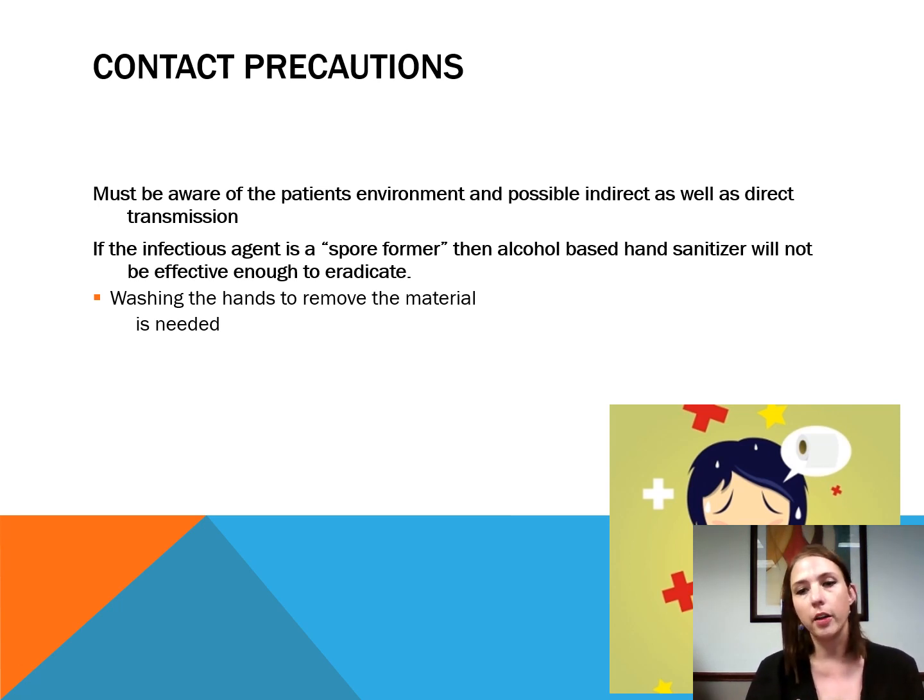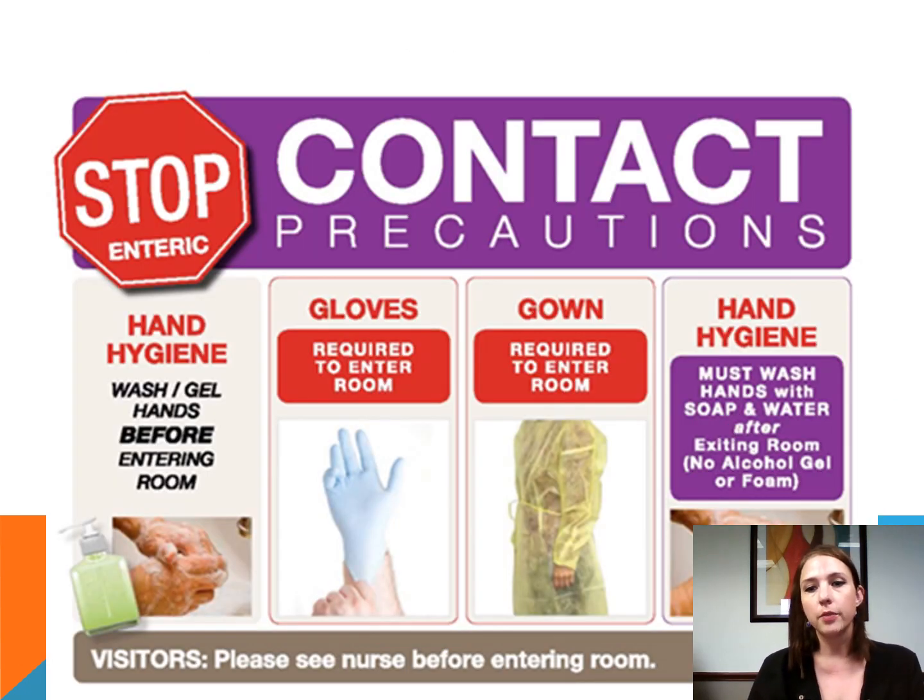And is taken care of by our water treatment system. So for that reason, the sign for these is considered enteric precautions. It's different because it reminds us that we're using soap and water as opposed to gel to perform hand hygiene. But you also want to remember to use the gloves and the gown.